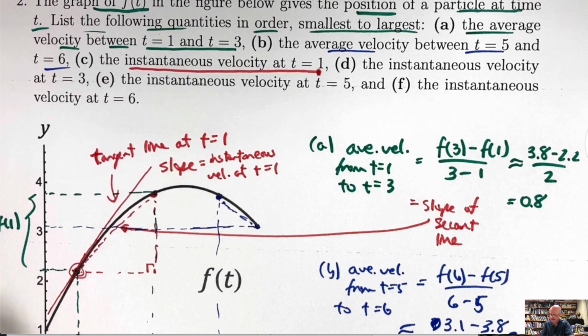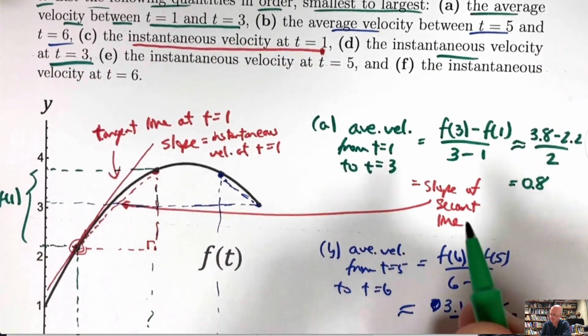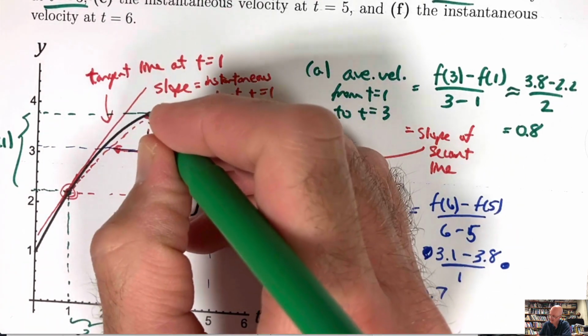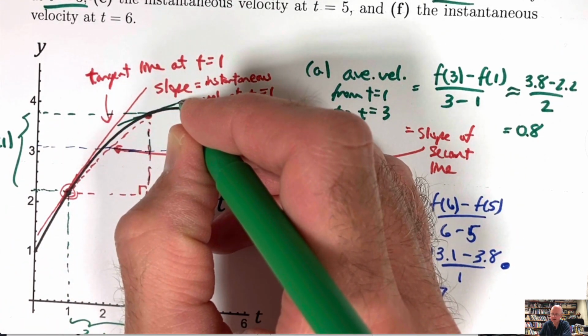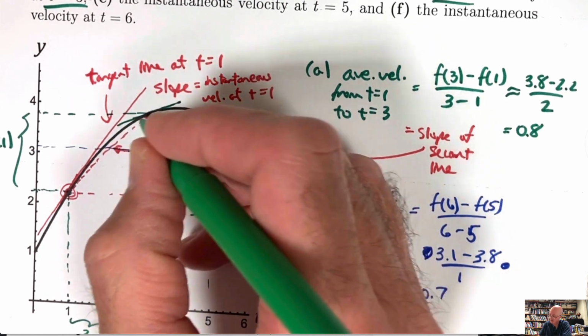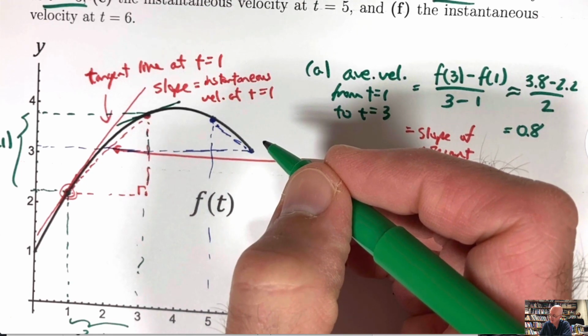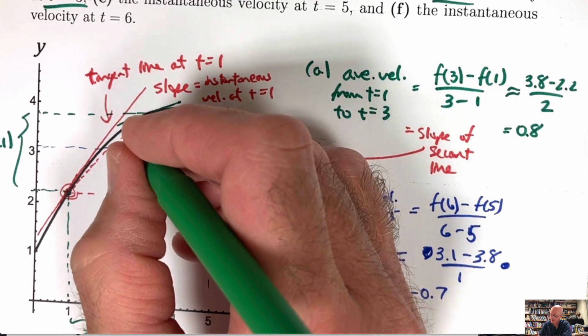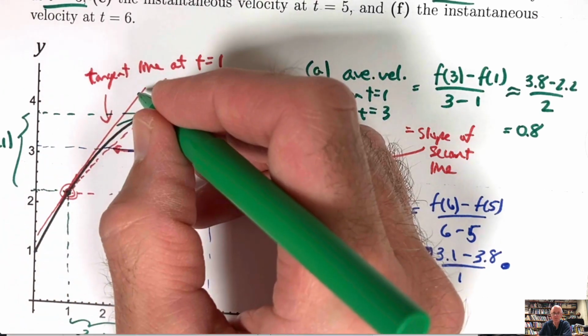Part D, the instantaneous velocity at t equals 3. T equals 3 is right here. Its instantaneous velocity at that moment in time is the slope of that tangent line, which is about like that, which is still positive, but now smaller, closer to 0. So in terms of positive slopes here, the ordering would be this slope, then this slope, then this slope.